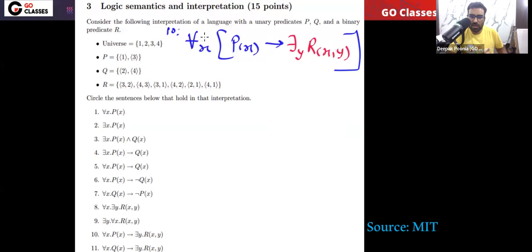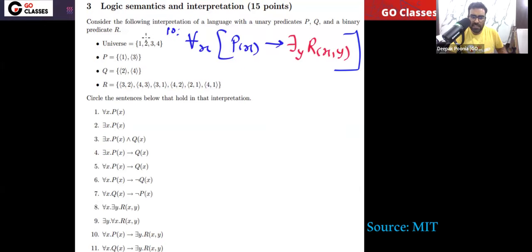Now notice, for all elements in the domain we are saying that if P is true, then this will happen. The universal quantifier is true if for every element in the domain this internal thing is true, and the internal thing is true when P is false.